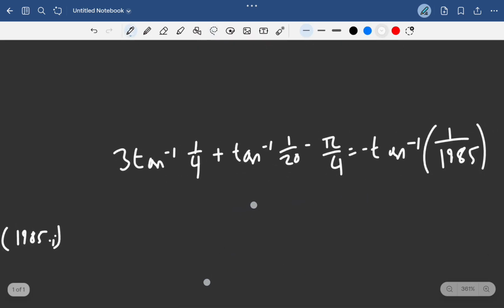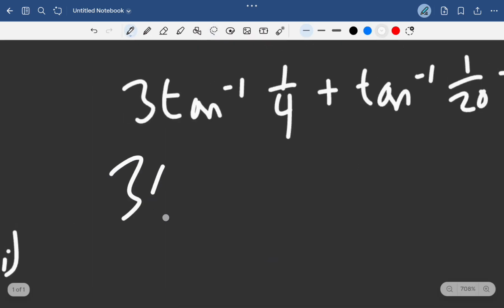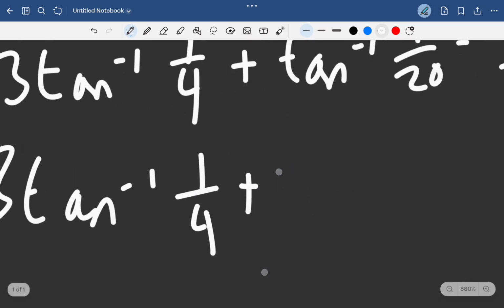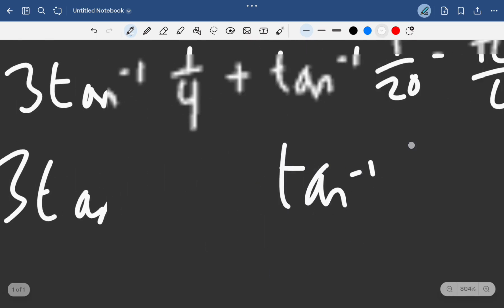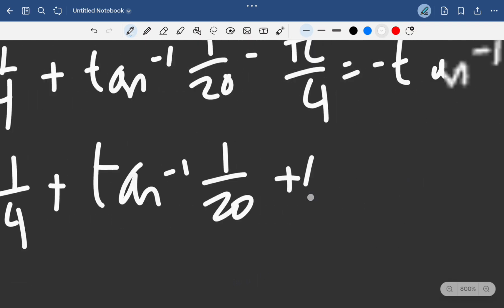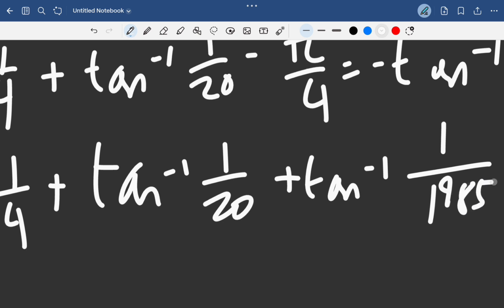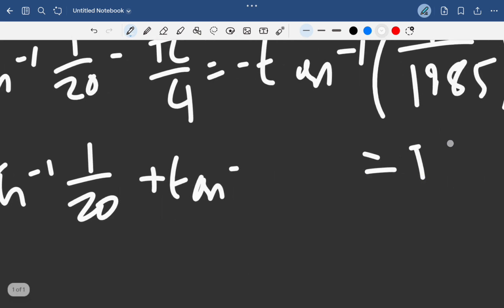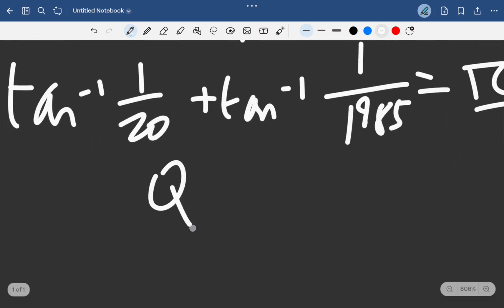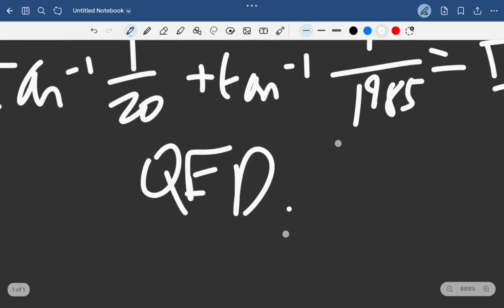So upon rearranging, we'll get that 3 tan minus 1 of 1 over 4 plus tan minus 1 of 1 over 20 plus tan minus 1 of 1 over 1985 is equal to pi over 4. Very nice. Okay. Hope you guys enjoyed.